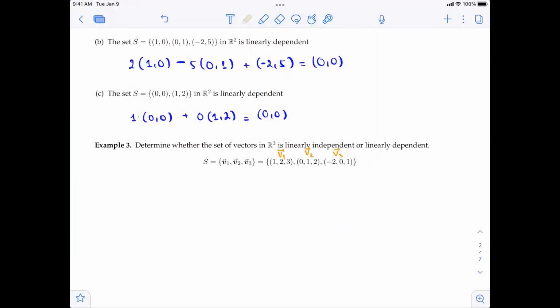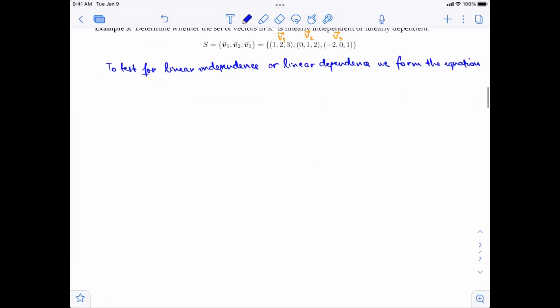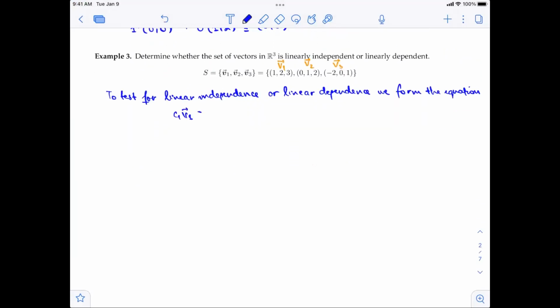All right. So to test for linear independence or linear dependence, we form the equation C1 V1 plus C2 V2 plus C3 V3 equal to the zero vector.